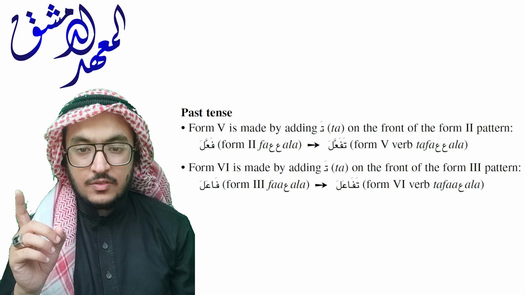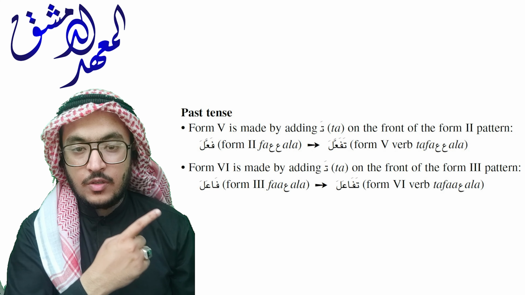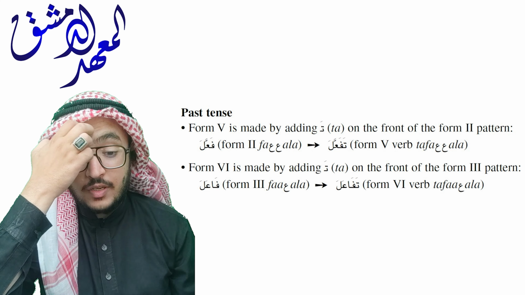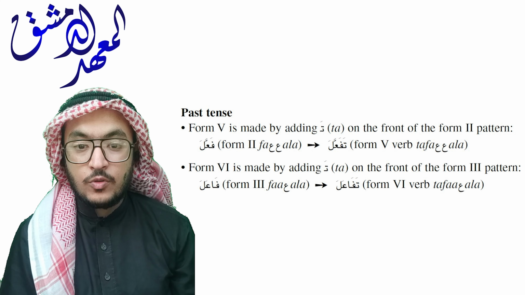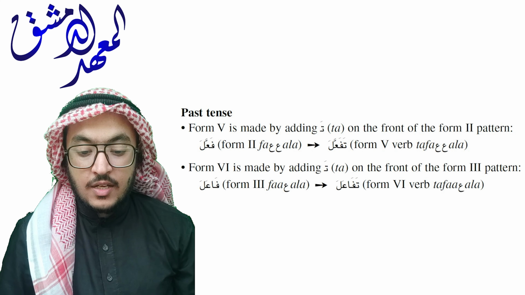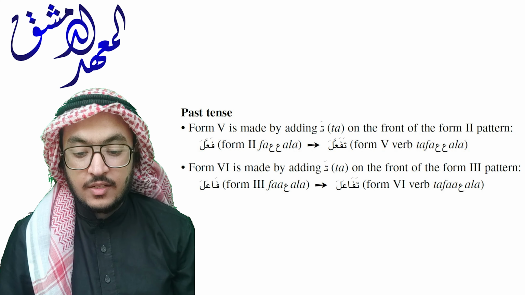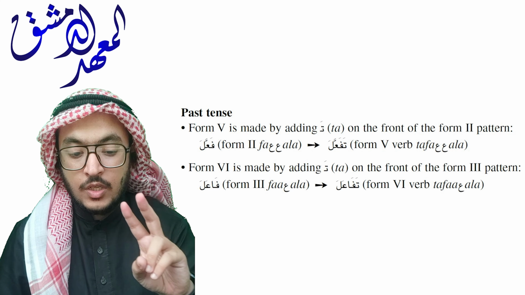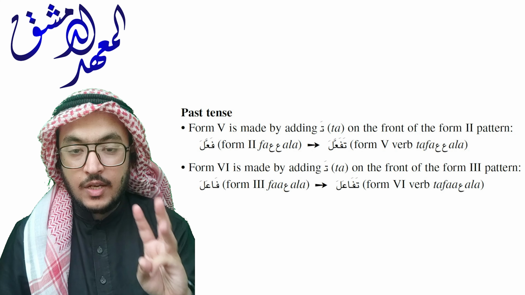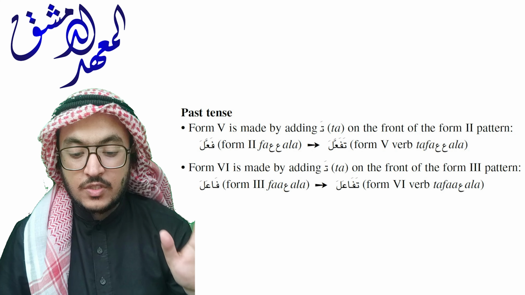In the past tense, you can look it up here. Form 5 is made by adding ta on the front of the form 2 pattern. Fa'ala becomes tafa'ala. And form 6 is made by adding ta to the front of the form 3 pattern. So form 2 becomes form 5 and form 3 becomes form 6.